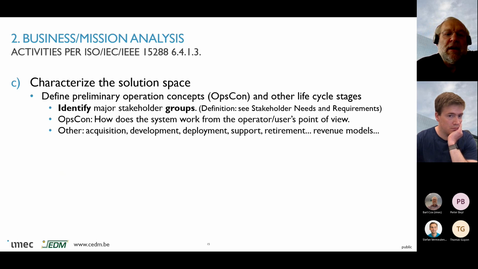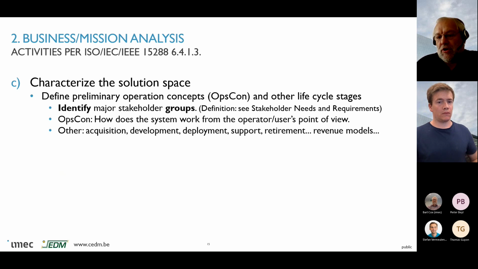That is the way the system is going to work and how it's going to interact with the users. And then we have all the other life cycle aspects, like how we're going to acquire all the services and goods that we need, how we're going to deploy the system, develop it, support it, etc., etc.